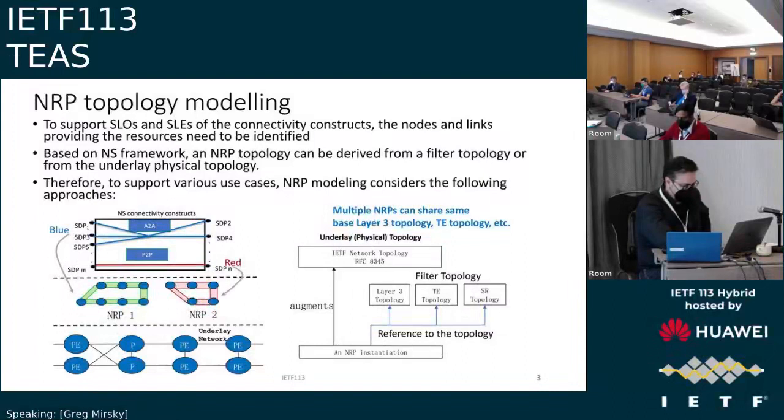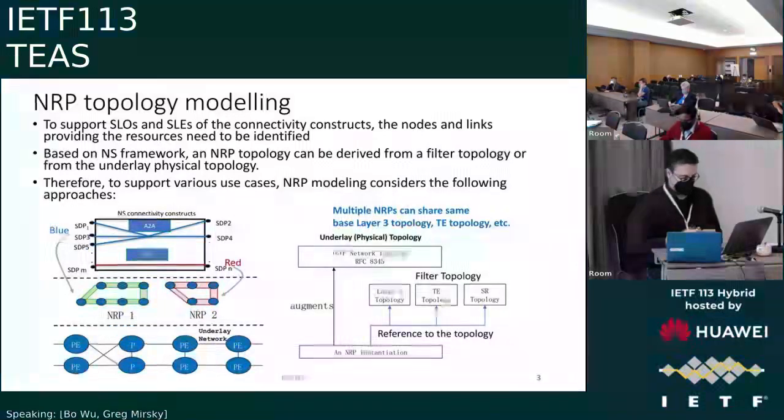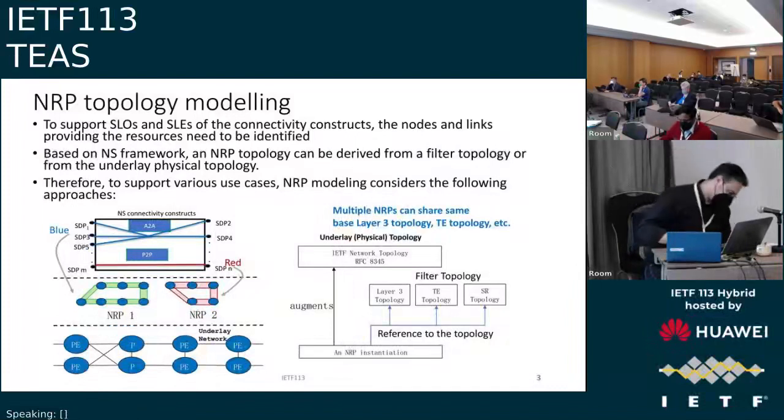Well, yes, it's clear, but that suggests, at least in my understanding, that it should have been a model of the technology that realizes the slice, and then the resources will be on that.